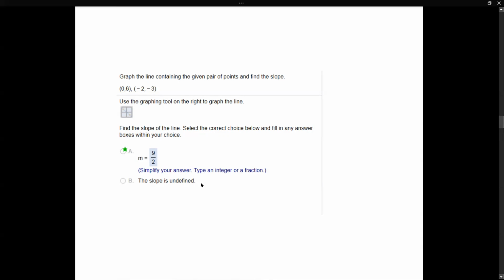Graph the line containing these given points. So you're familiar with this. You're going to go ahead and put the 2 points, 0, 6 and negative 2, negative 3.